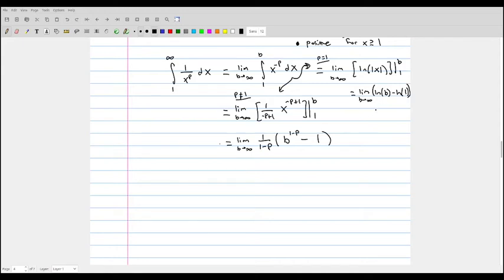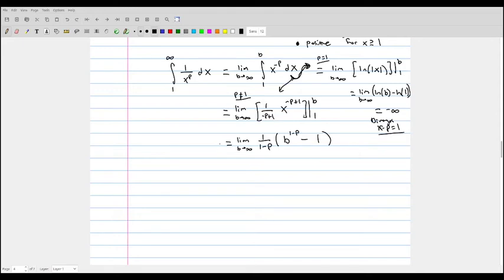And this limit is infinity, because the natural log of b goes to infinity. So this diverges if p is equal to 1. That's this first piece of this integral when p equals 1.